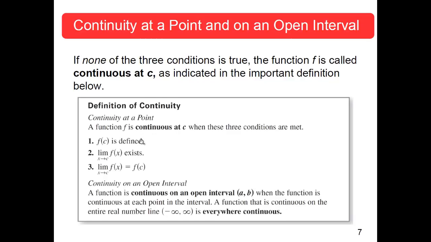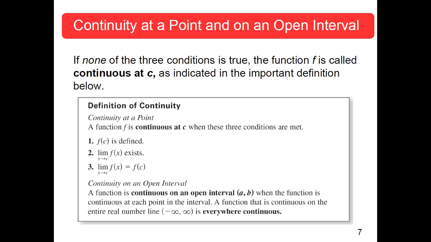The limit as x approaches c of f of x has to be equal to f of c. If any of these three conditions are not met, then the function is discontinuous at c. But if you can satisfy all of these conditions, then a function is continuous at c.